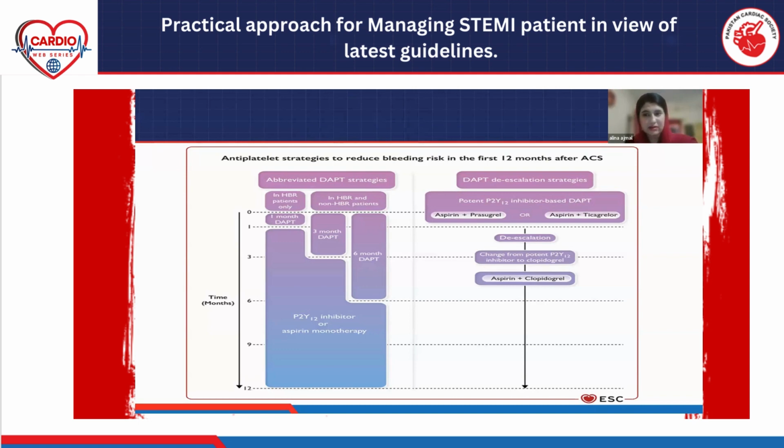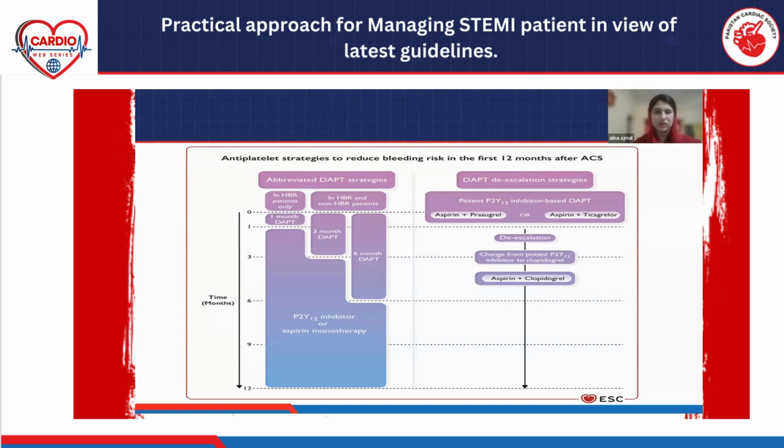And there is another strategy which is called DAPT de-escalation strategy, where you switch from the potent P2Y12 inhibitor to a less potent one like clopidogrel. For example, if the patient is taking prasugrel or ticagrelor, you can just switch down to clopidogrel, which has a lower bleeding risk.